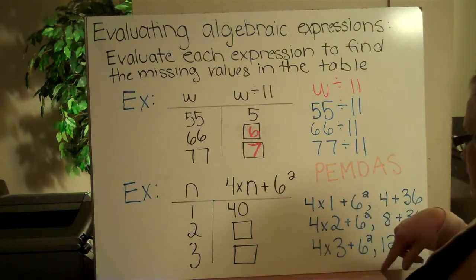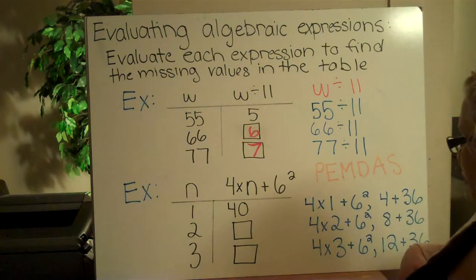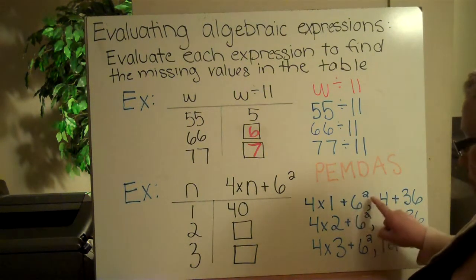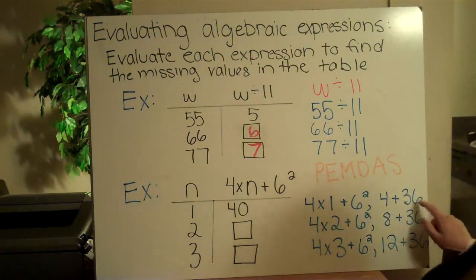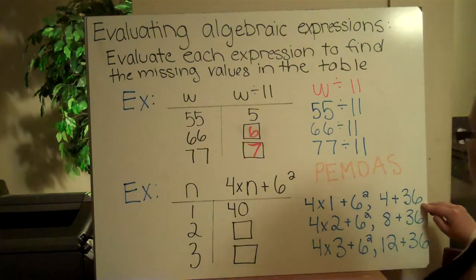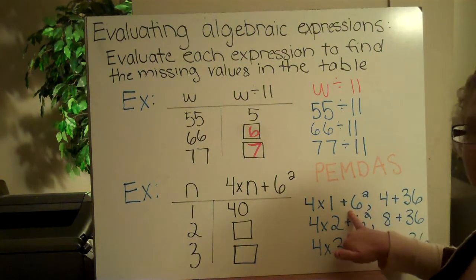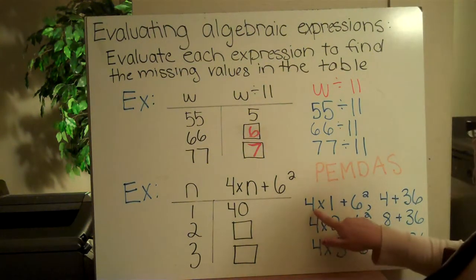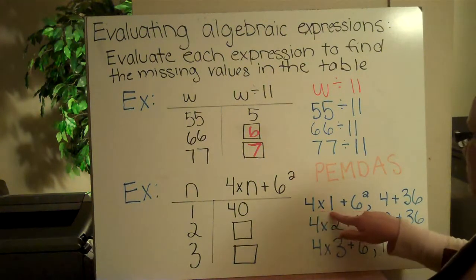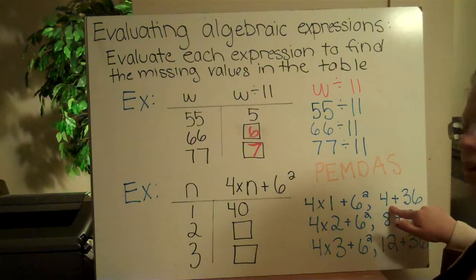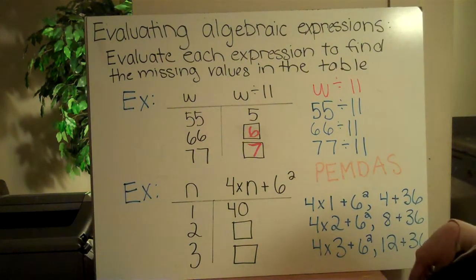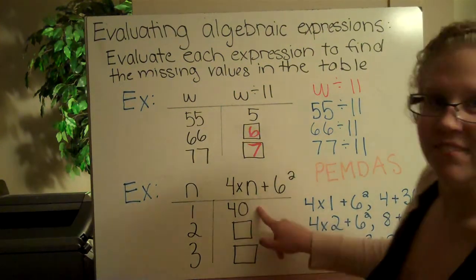There's no parentheses. Next would be exponents, and we do have an exponent here. Our exponent is 2, so 6 squared is simplified to 36. So we put 36 in where 6 squared is, and now we do the next part. 4 times 1, multiplication, is 4. 4 plus 36 is 40.